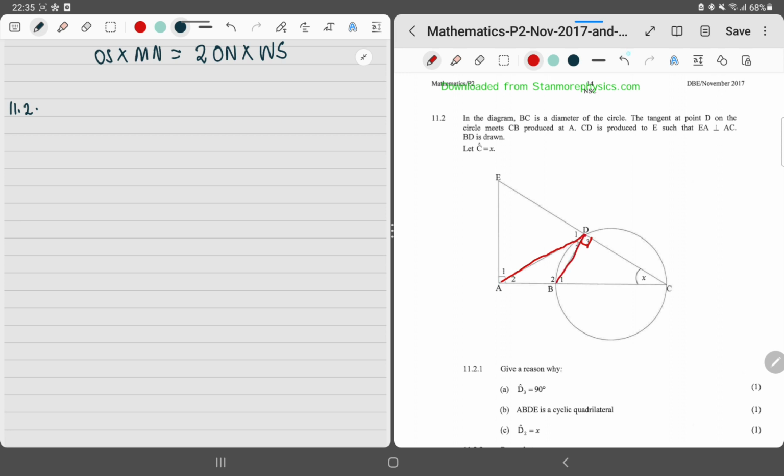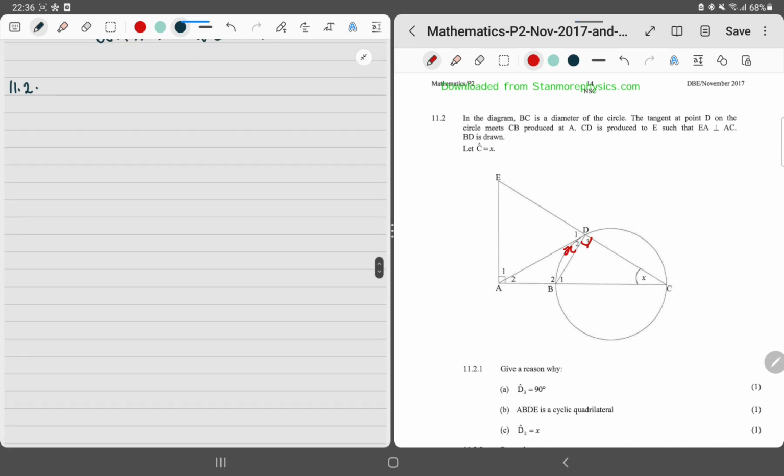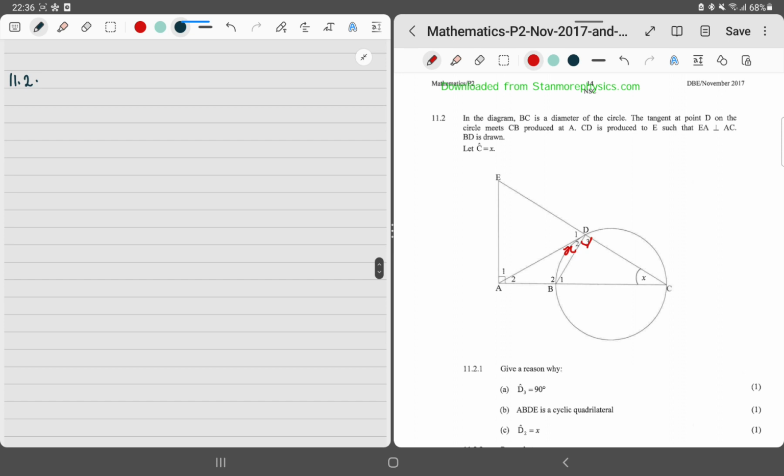So this D2 must be equal to X because of the tan chord. CD is produced to E such that EA is perpendicular to AC and BD is drawn. Let C equal X.